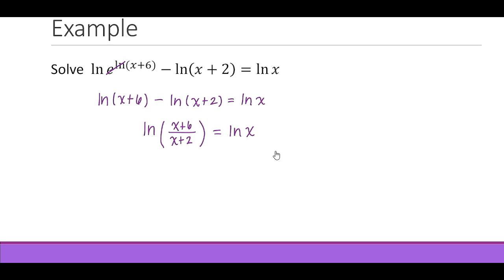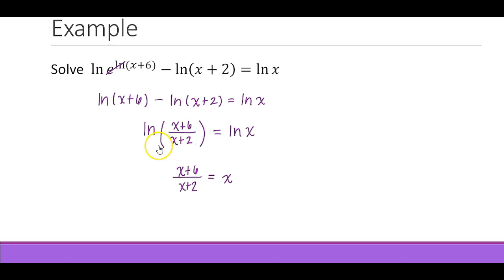Now, here I have natural log of something equals natural log of something. So in order for the left side to equal the right side, I can simply take the insides and set them equal to one another. So this is equivalent to just solving x plus 6 over x plus 2 is equal to x.